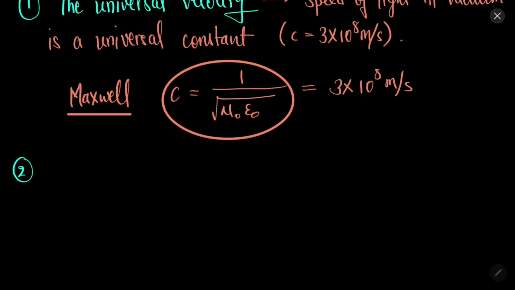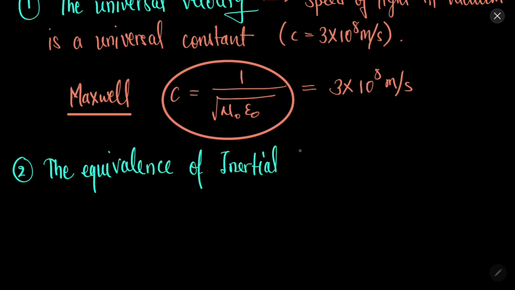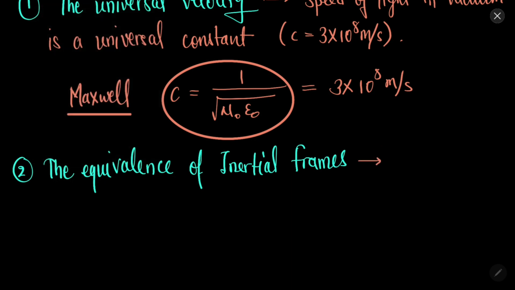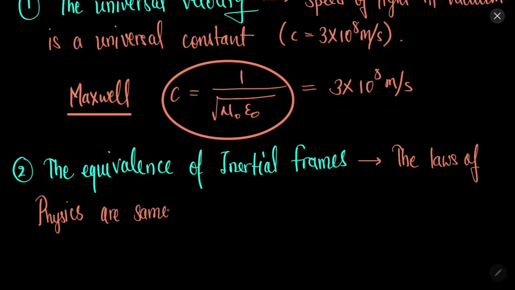Now the second postulate was the equivalence of inertial frames. So what does this mean? According to this postulate, the laws of physics are the same in all inertial frames.